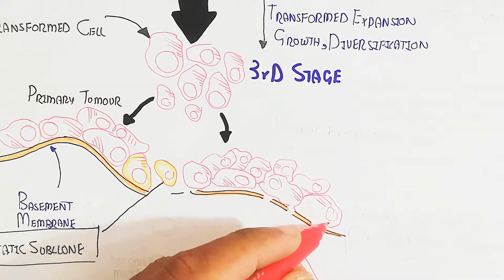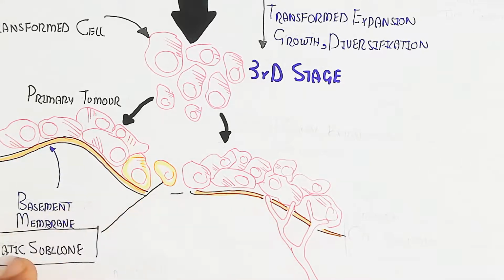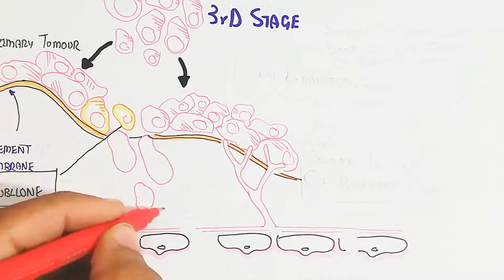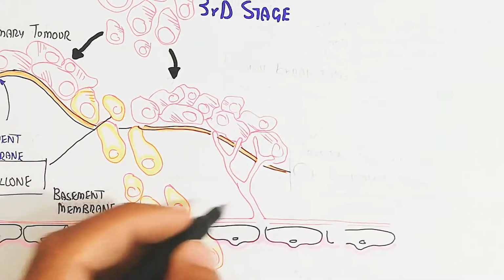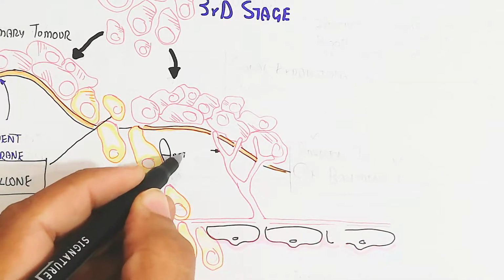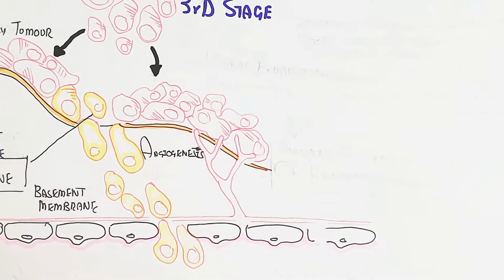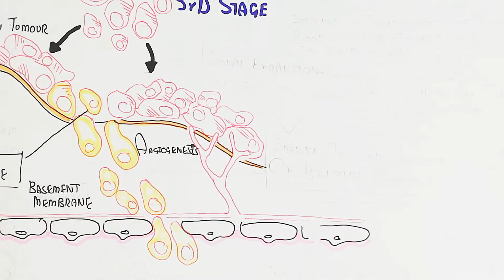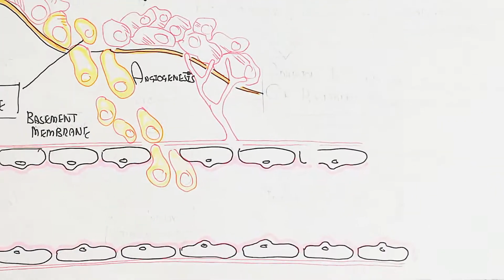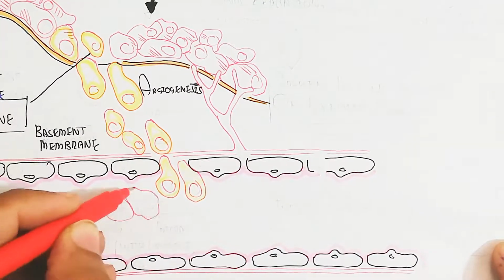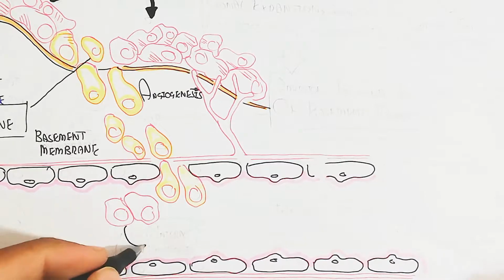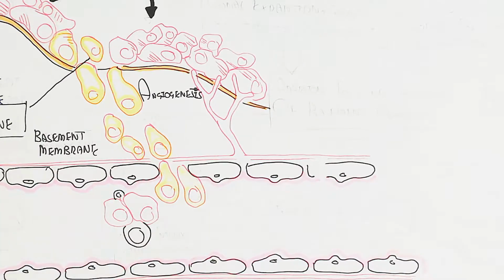The metastatic subclone will be produced rapidly, leading to inflammation and angiogenesis. Angiogenesis is very important for providing nutrition to the subclone, the tumor that is present. In this way, invasion of these metastatic subclones will occur.